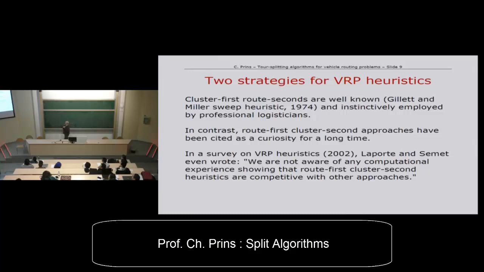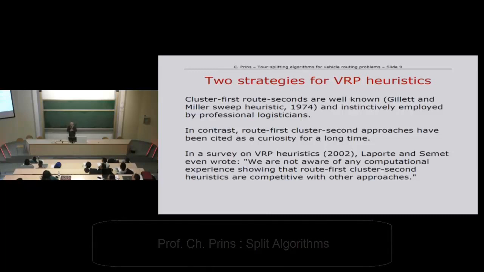So it's typically a cluster first, route second method. But in contrast, the second group has been cited, but only as a curiosity for a long time. And Laporte and Semet in 2002 said, we are not aware of any computational experience showing that route first, cluster second heuristics are competitive with other approaches.